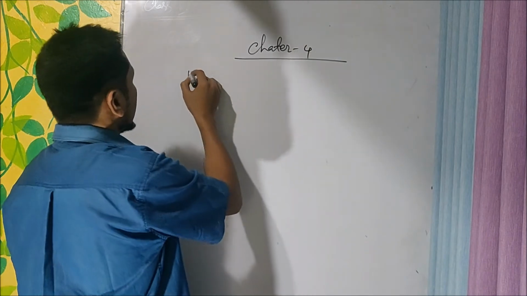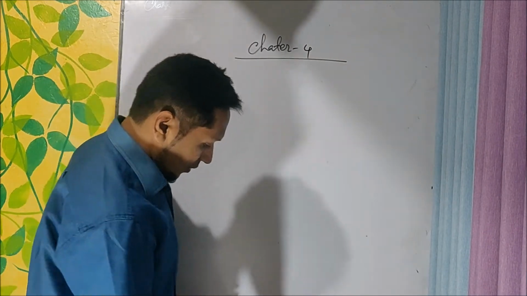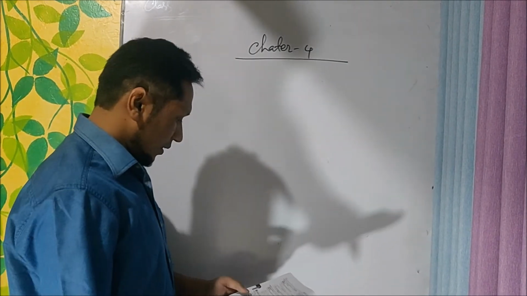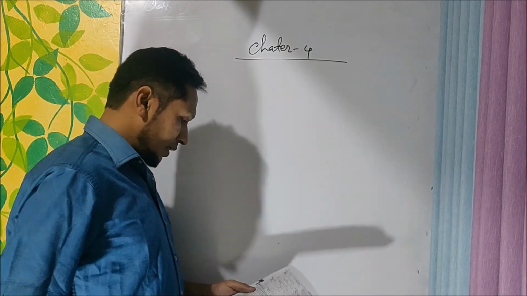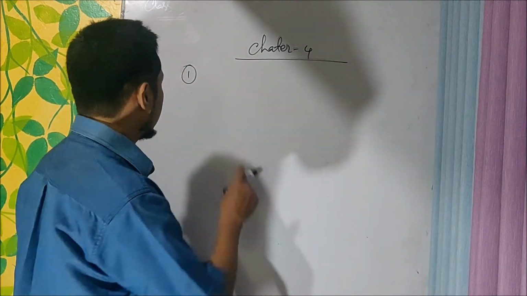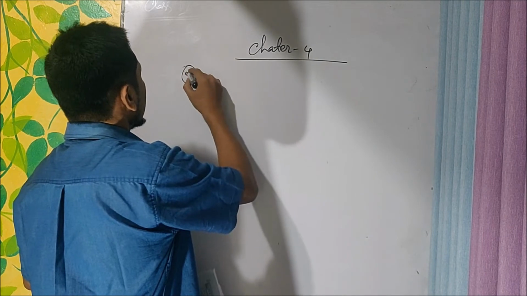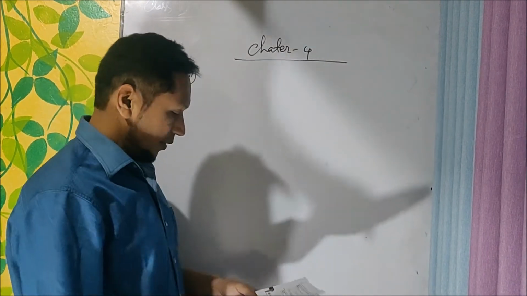So the first creative question in your textbook says a square, b square, c square are three algebraic expressions. It is question number 39 in your textbook. It is important for you and very easy.